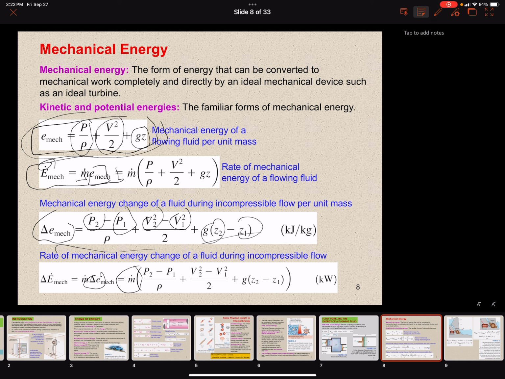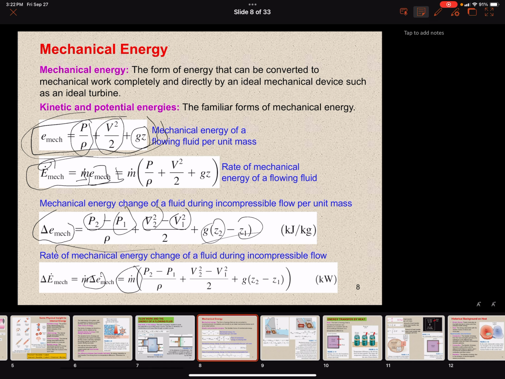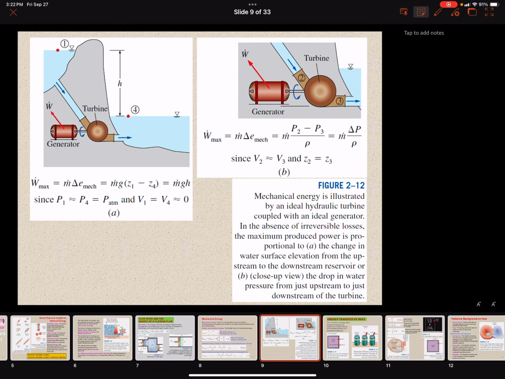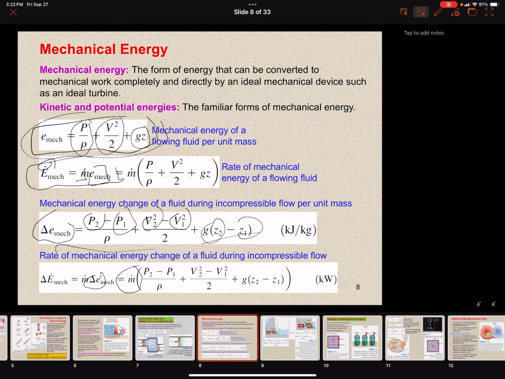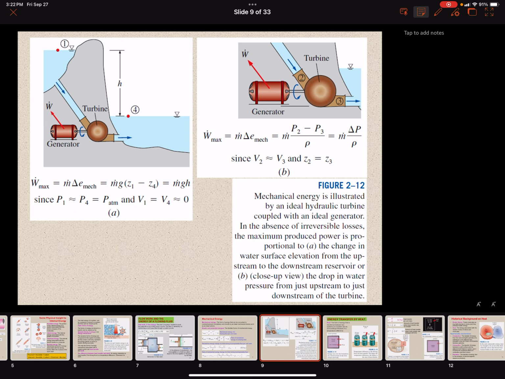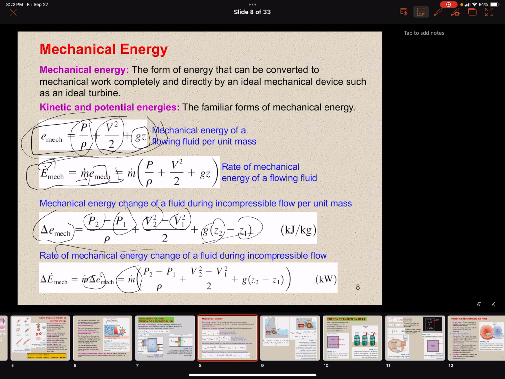Now let's continue. This slide is explaining the equations, but the main thing in this slide is to show you that for the mechanical energy equation, we can delete some terms, like these three terms.